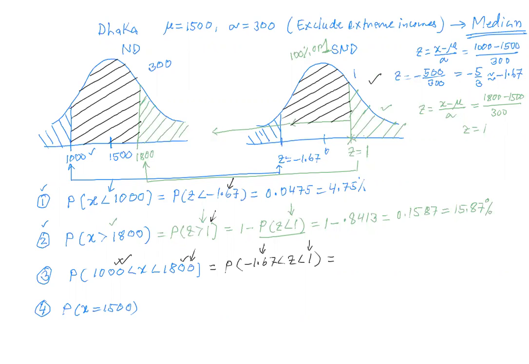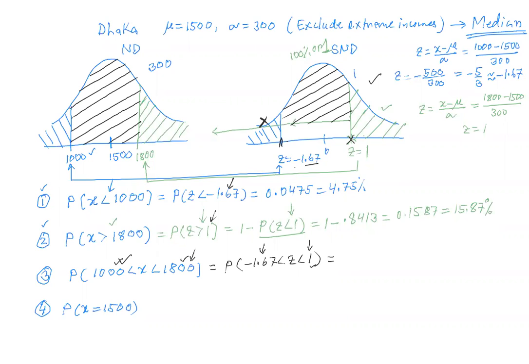Now, if you look it up on the table, for Z equal to 1, you're going to get all the area to the left of this point, as I said before, everything. But I don't want this portion. That left shaded region is associated with this Z score, negative 1.67.